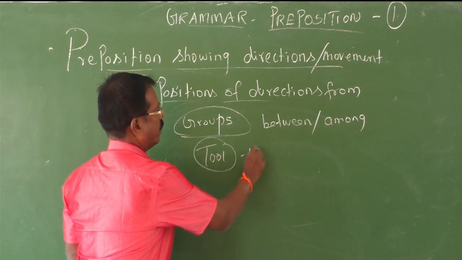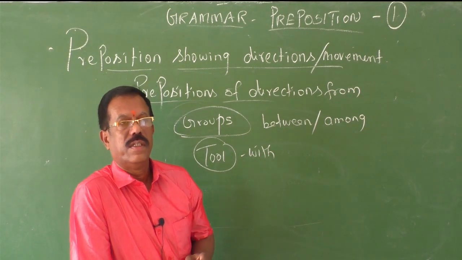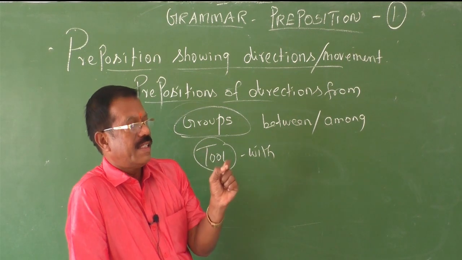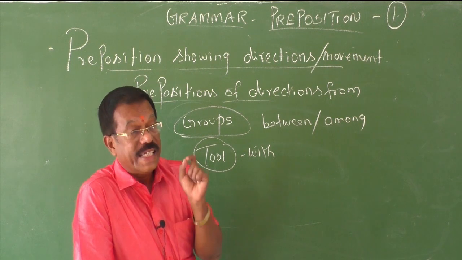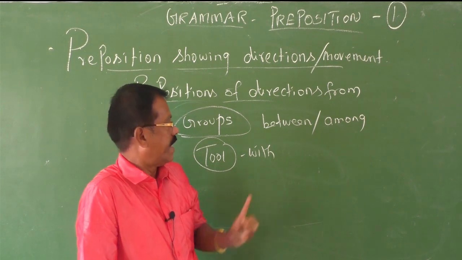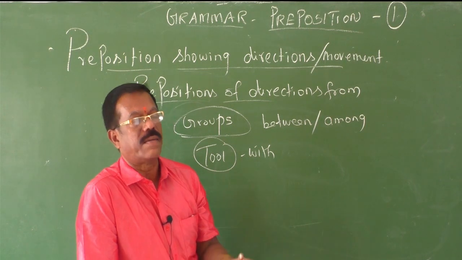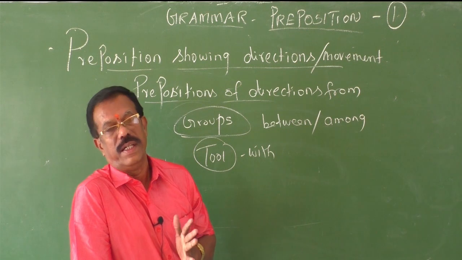Tool, with. This is the place where people get confused. If you say, he writes a letter by pen, that is wrong. He writes a letter with pen, that is correct. So when something is done with some materials or tools, there we have to use the preposition with only.